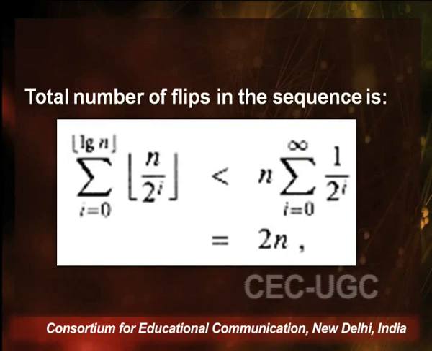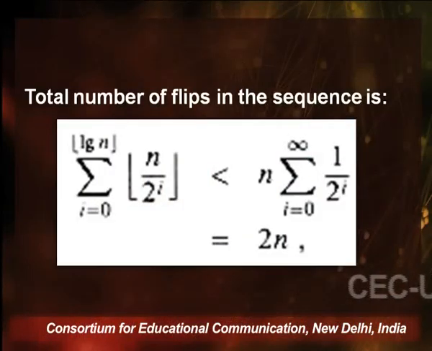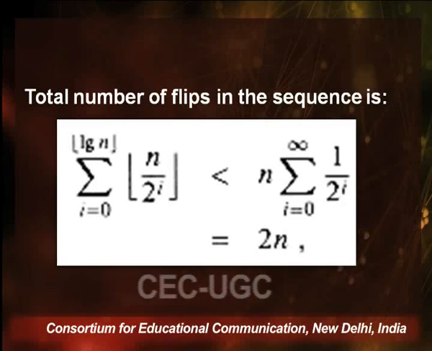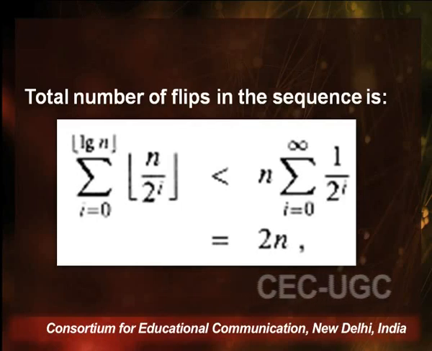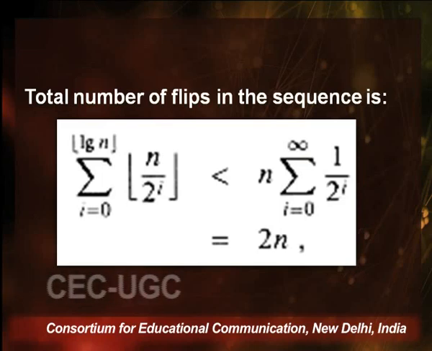So finally we ended up with the term 2n. So n upon 2 to the power i, when summed up for i equals 0 to log n, is going to give us 2 multiplied by n, or simply 2n.